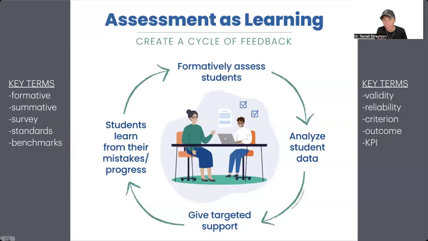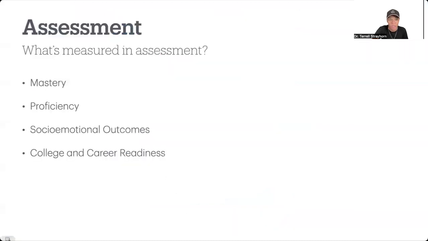And then pay close attention to how we're going to define validity, reliability, criterion-based outcomes, and how they relate to our work in assessment, whether formative or summative, but really using information and data to then make incremental improvements, adjustments to ultimately drive and lead systemic change.